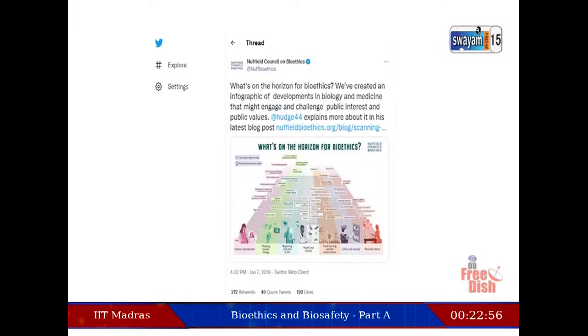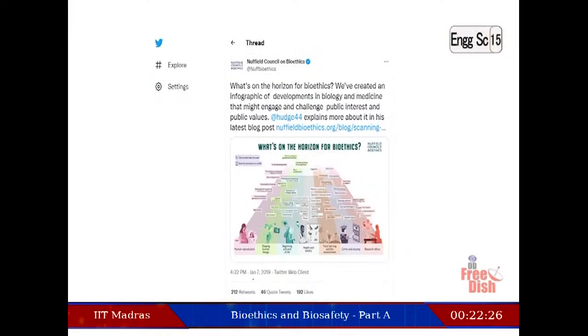Now many of these operating principles and guiding principles are applied to the field of gene editing, and also some new guidelines have come up in recent years to help the field of genome editing grow and prosper in a safer way and in a more human way.